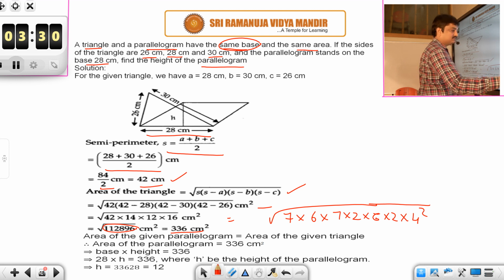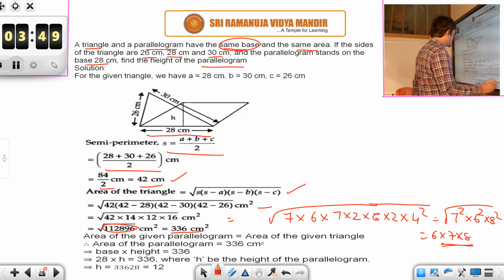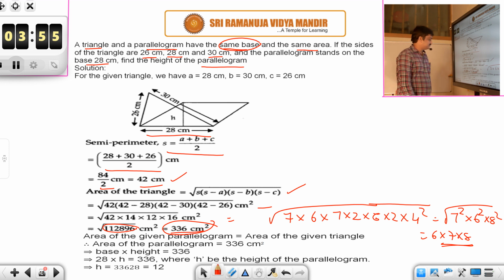Now simplify this. You could write 7 into 7 as 7 square, 6 into 6 as 6 square, 2 into 2 as 2 square, and 4 square, so this is 8 square. So under the square root, you will directly get 6 into 7 into 8. Now simplify this, you will get 336 centimeters square. Don't go in the rote method of multiplication.